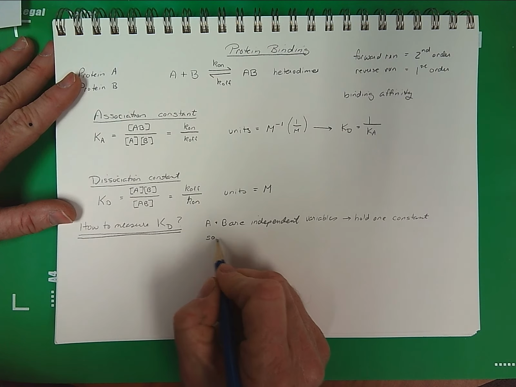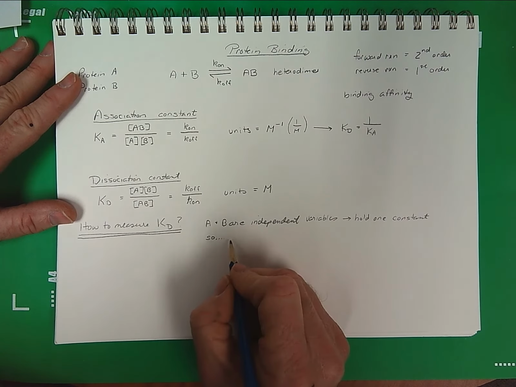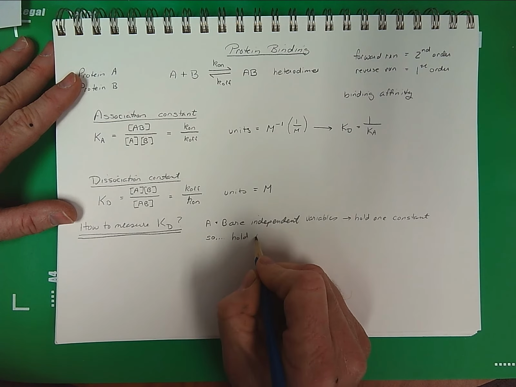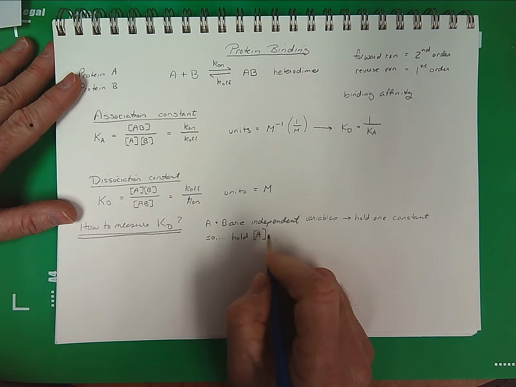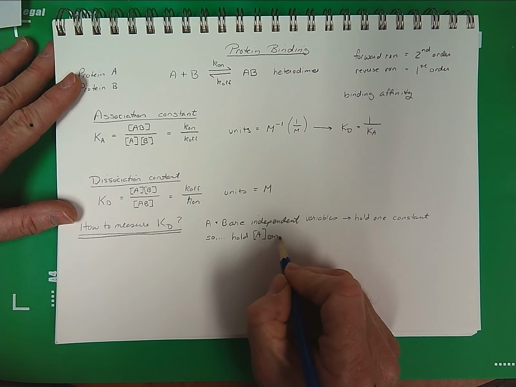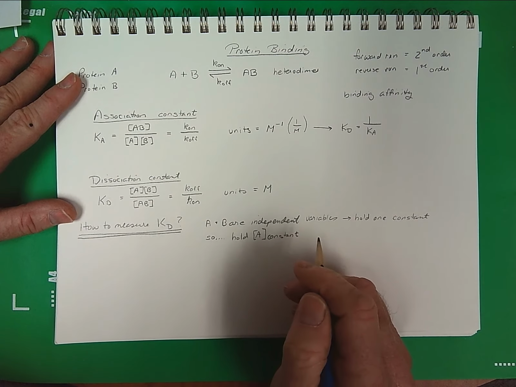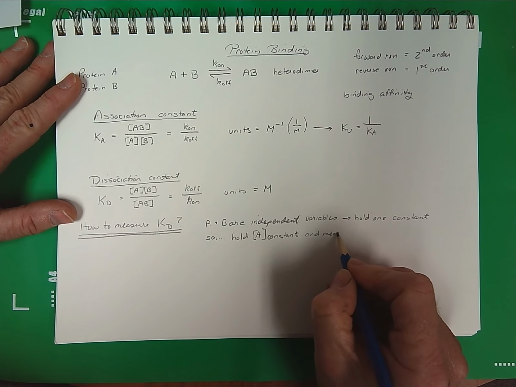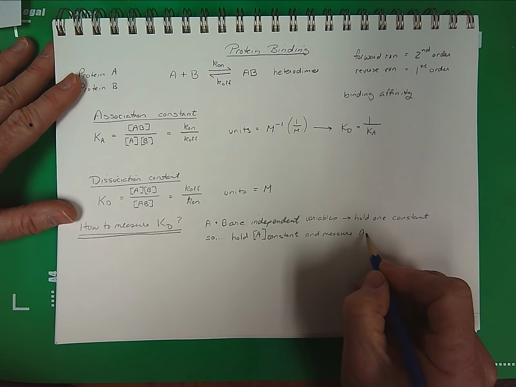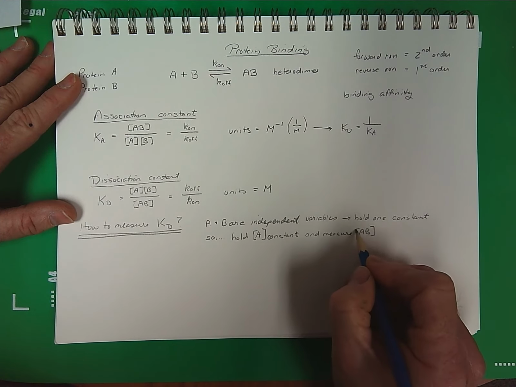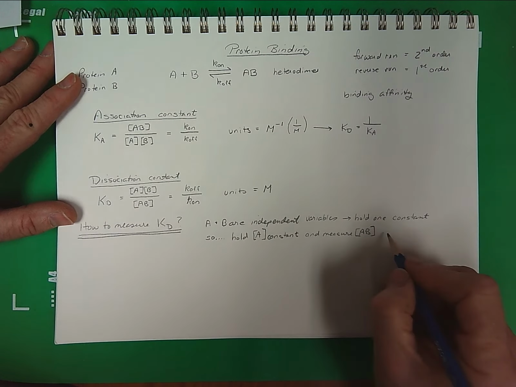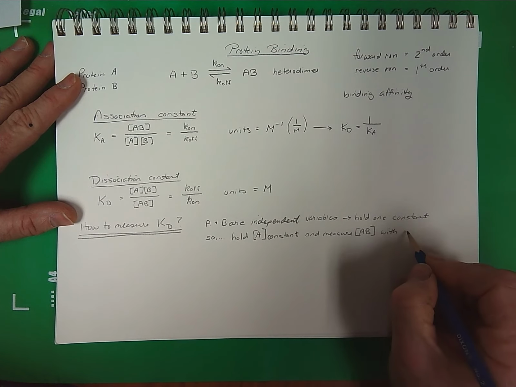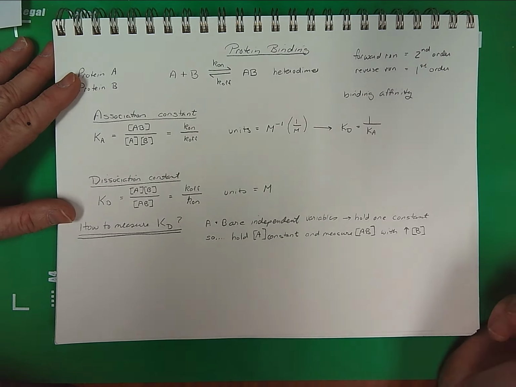So in our example, let's propose to hold the concentration of protein A constant, and in our experiment we are going to measure the concentration of the formation of AB complex with increasing concentrations of reactant protein B. Also could be a ligand.